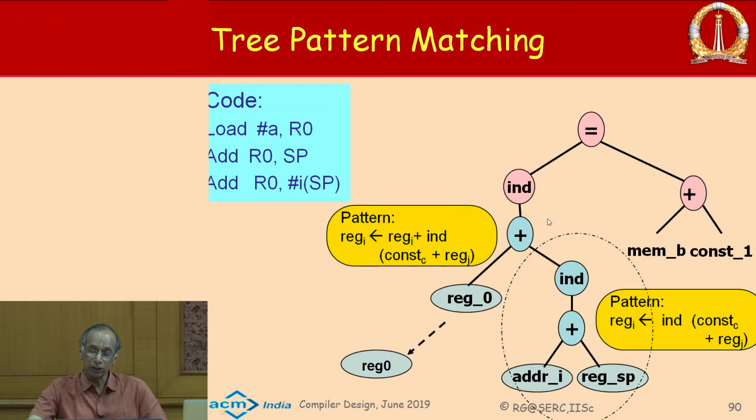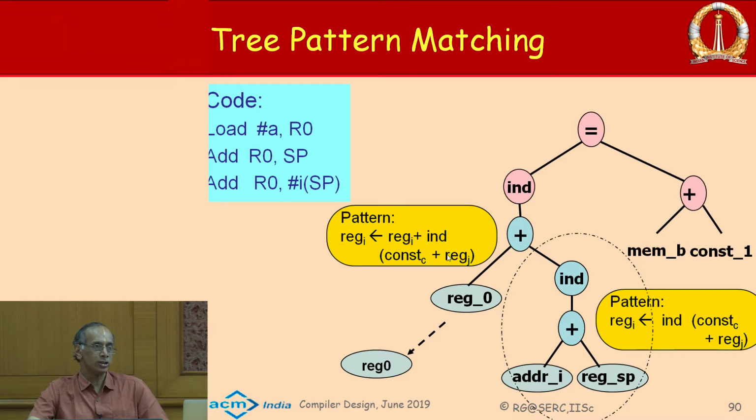Whereas, you can look at this entire subtree and match it with this pattern. Again, this part is very similar to this part, but then this register I plus indexing of this, and going to a register, is possible. Why? Because my left operand is a register which is this value, and my right operand is a memory location.